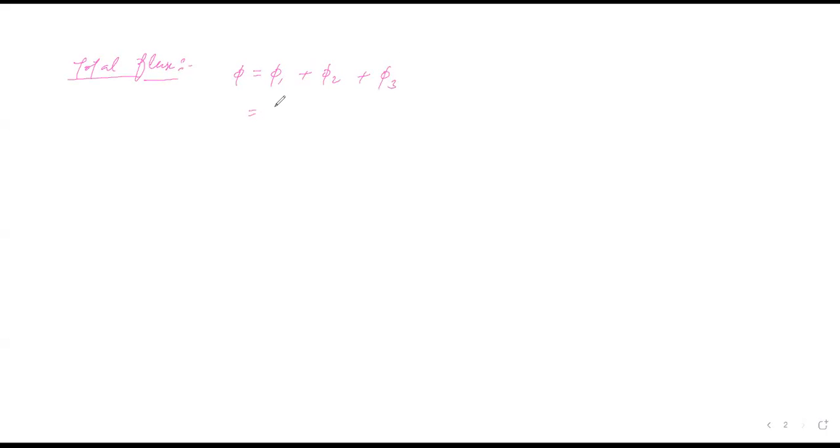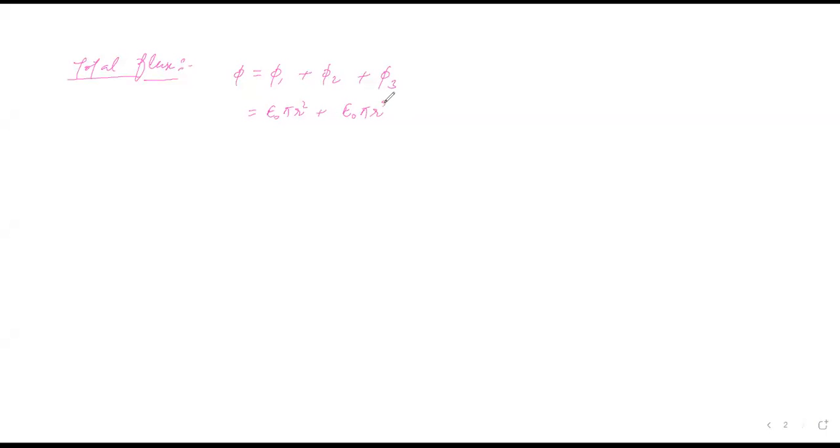Phi 1 is E naught pi r square, plus phi 2 is also the same value, E naught pi r square.